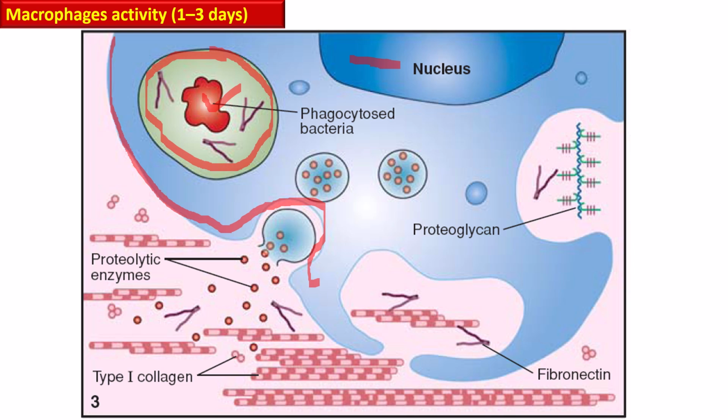Then there is also secretion of the proteolytic enzymes, and these proteolytic enzymes that are secreted by the macrophages in the extracellular spaces, they are responsible for degradation of the old matrix protein like fibrin, fibronectin, and type 1 collagen.